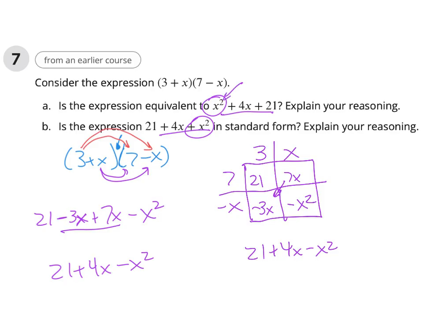If there's no sign in front of a term, it is positive. People forget that a lot. So if I was to write this properly, negative x squared should go first. That's how it should be written, but we're going to talk about this in the next lesson.